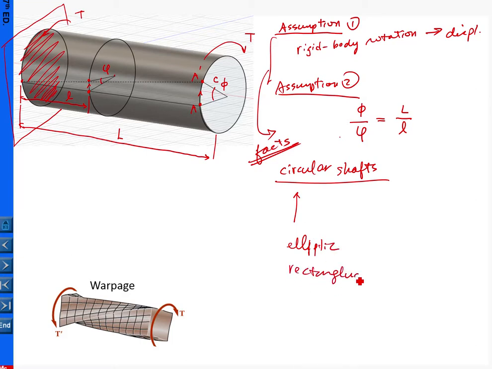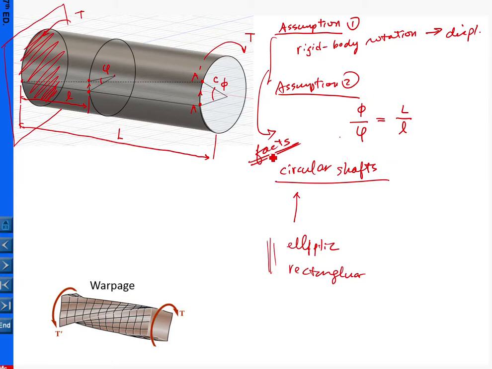For shafts other than the circular shaft, such assumptions would not hold, say assumption 1 wouldn't hold anymore for the other shafts. And why do we study the circular shaft?